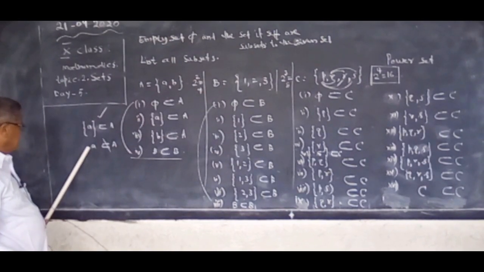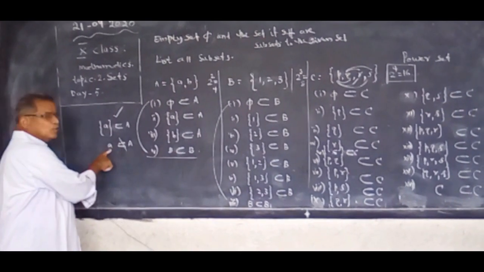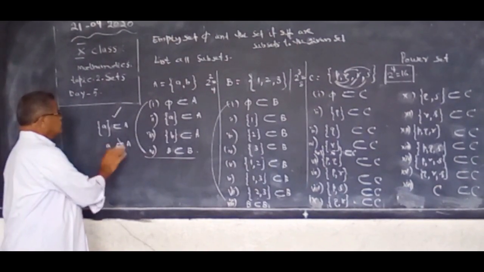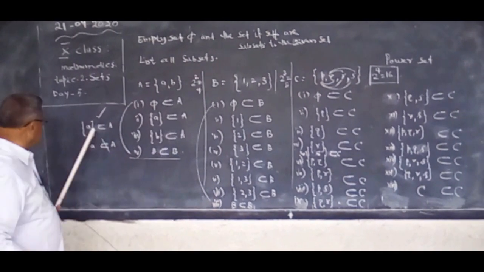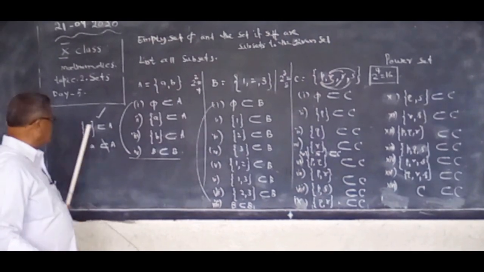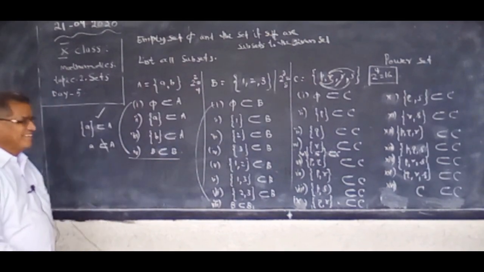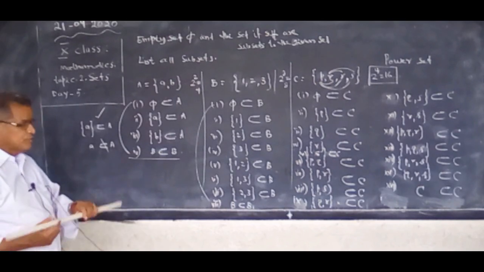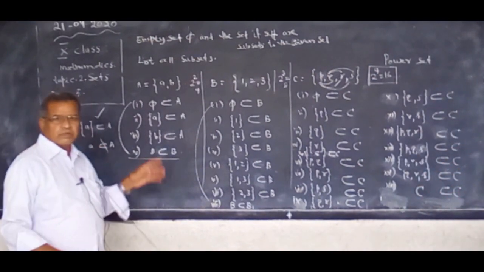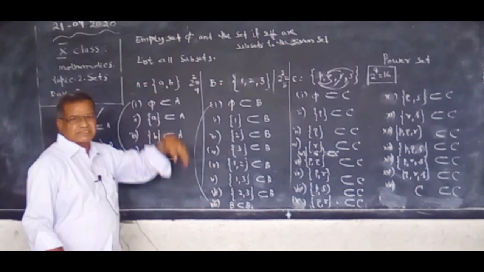This is false. What is the difference between here and here? This is a set containing element A. This is only an element, it is not a set. So I have to include brackets. Then only it is called a set. Don't forget writing the brackets. Again, please practice changing the elements. Thank you.